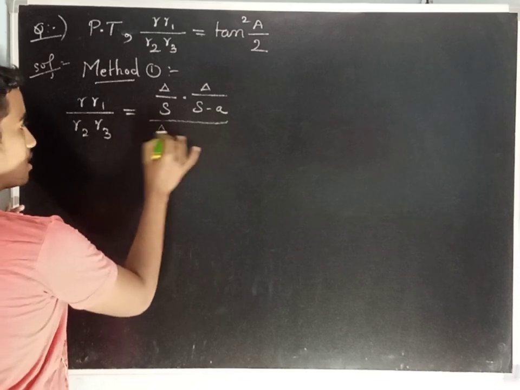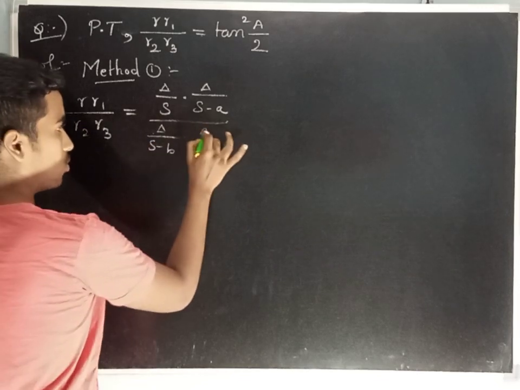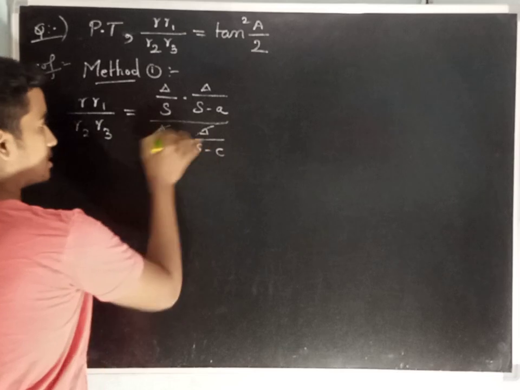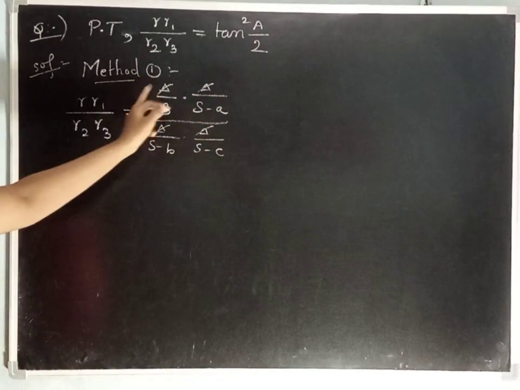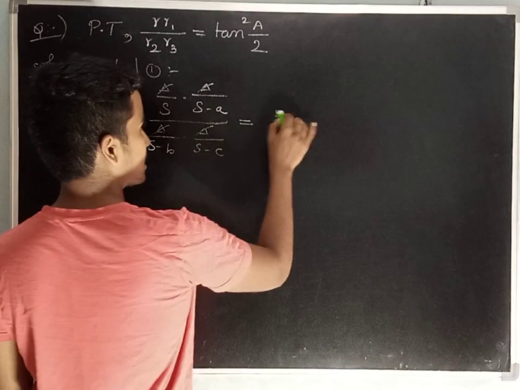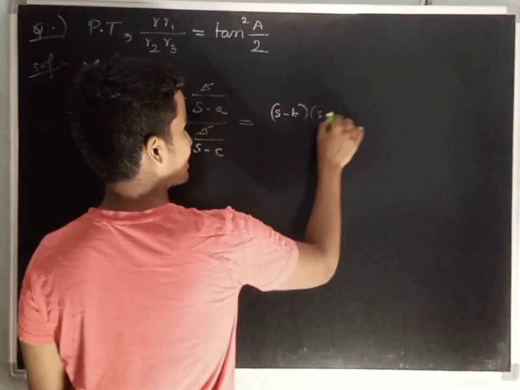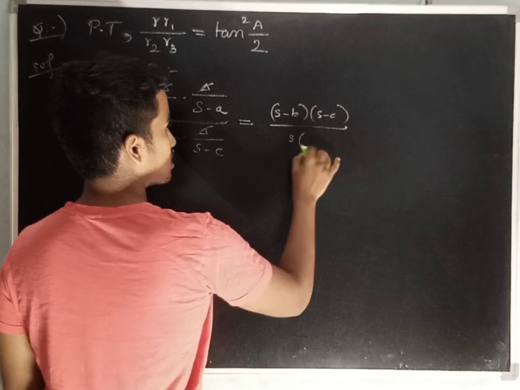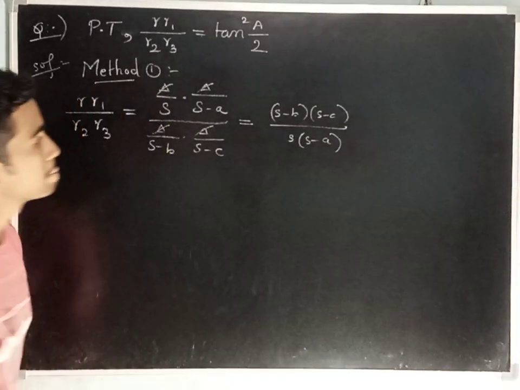R2 is delta by s minus b into delta by s minus c. The delta all gets cancelled. So finally we will get s minus b into s minus c by s into s minus a.